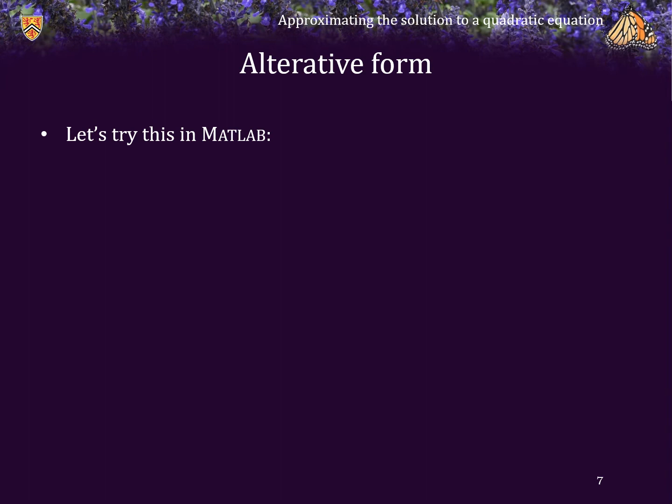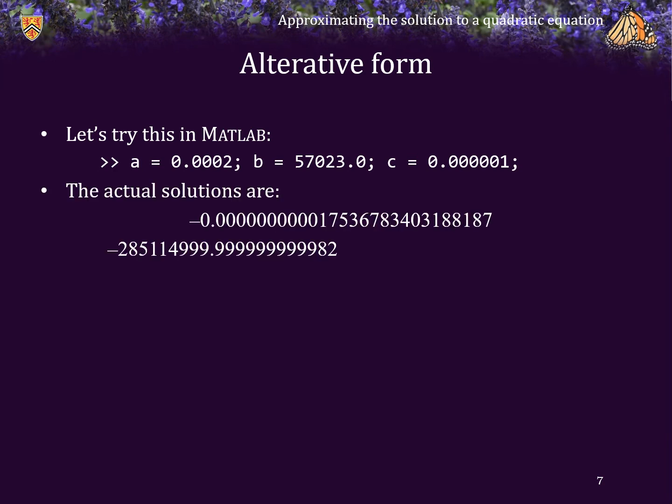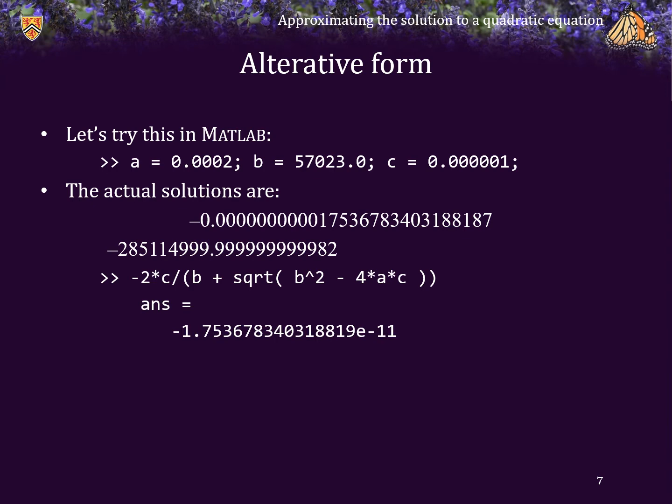Well, let's try this new formula in MATLAB. Again, here are the coefficients of ax squared plus bx plus c. And these are the two actual roots. Well, let's plug this in and get the smaller of the two roots this time.